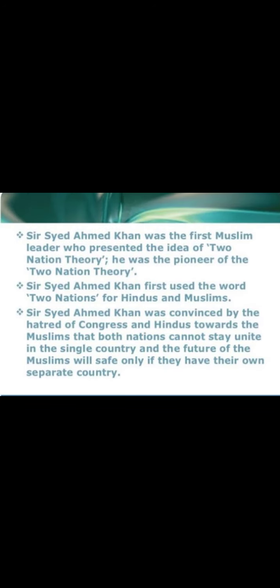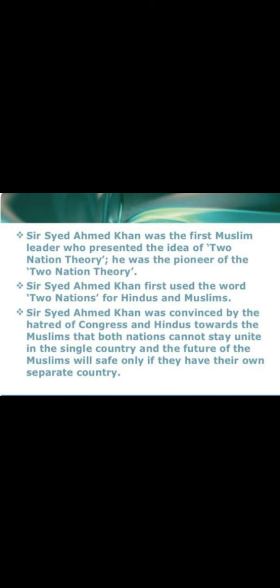Then what were the major roles of the Muslim leadership? First, Sir Sayyid Ahmad Khan was the first Muslim leader who presented the idea of the two nation theory. He was the pioneer of the two nation theory. In the 1870s and 80s, he started the Anglo-Oriental College, the Aligarh College, educationally and socially.